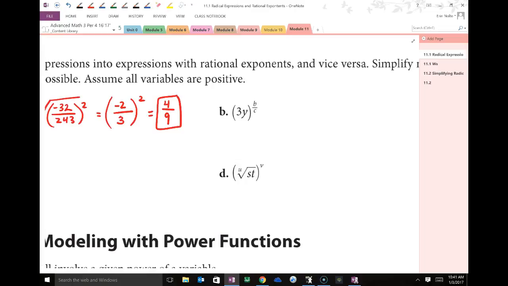All right, what about B? Let's work with B real quick. So what form are we in? Exponential. What will be my radical form of this? Try to say this one correctly.